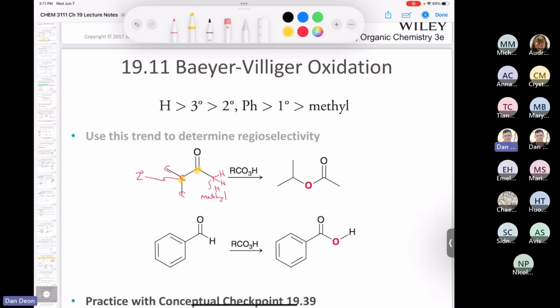And then in the second case, you've got benzaldehyde. Well, hydrogen is the king of the castle. And so again, if you ever have an aldehyde, you end up making a carboxylic acid 100% of the time. So there you go. Again, you must memorize this. This is called migratory aptitude.